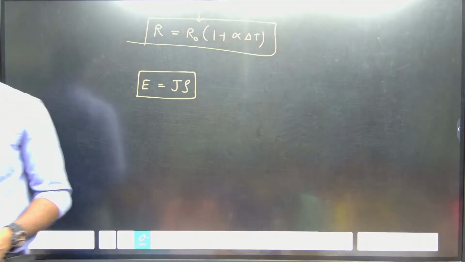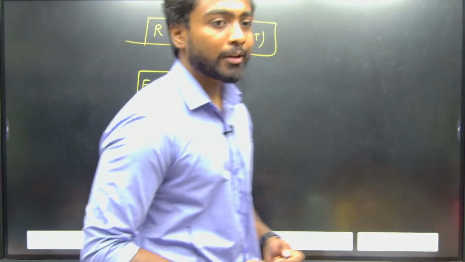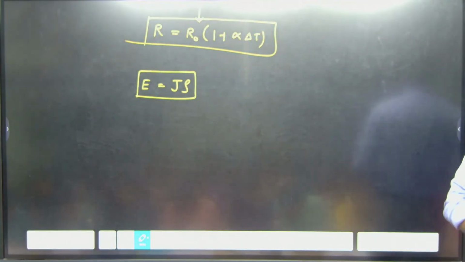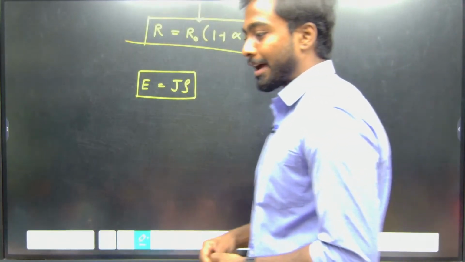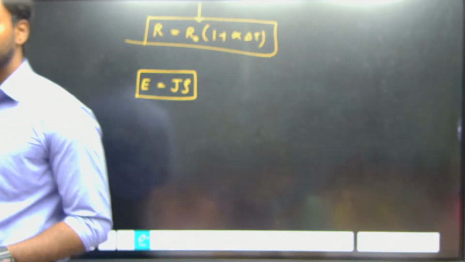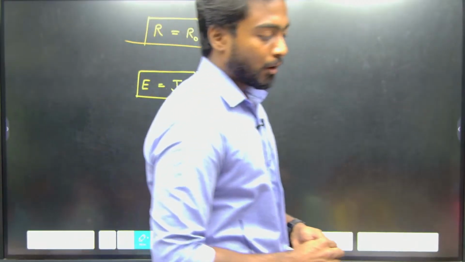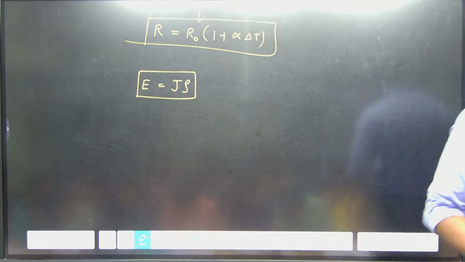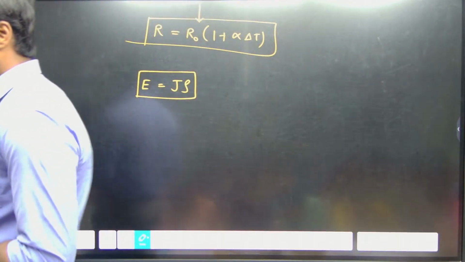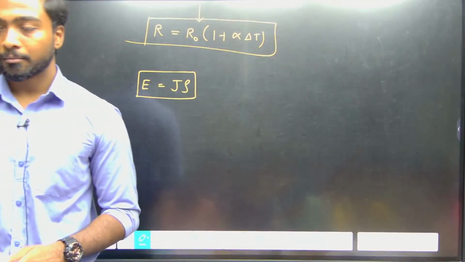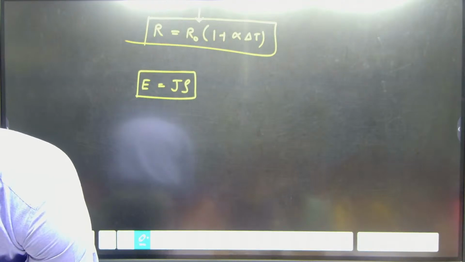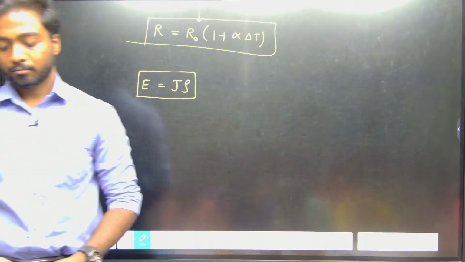Second point, mobility of an electron in a conductor is defined as the magnitude of the drift velocity per unit electric field.